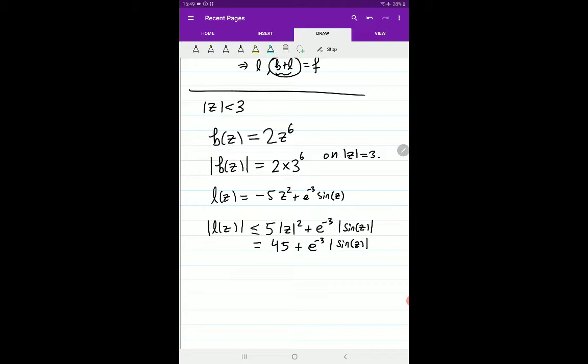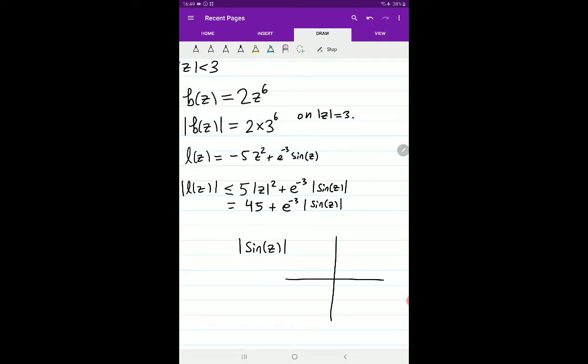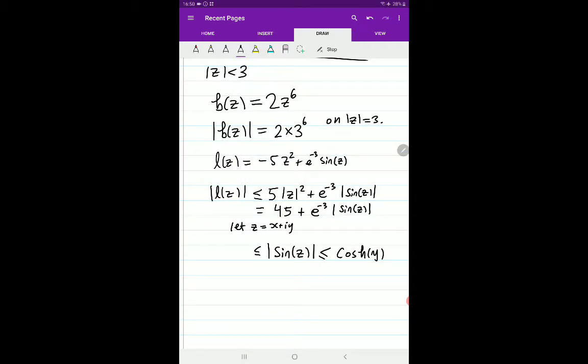Intuitively, on the imaginary axis is where the function becomes unbounded, because it starts behaving like the hyperbolic sine or the hyperbolic cosine. So if we let z equal x plus iy, you can form this sandwich of inequalities.